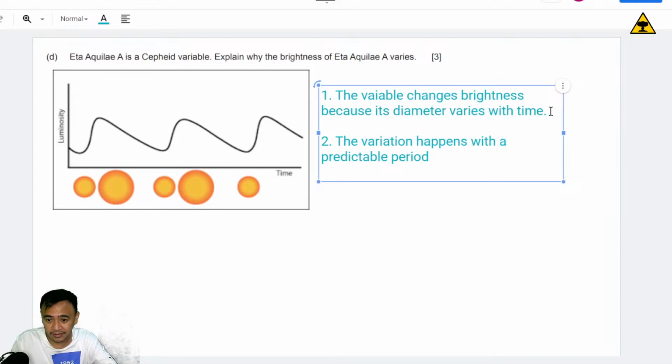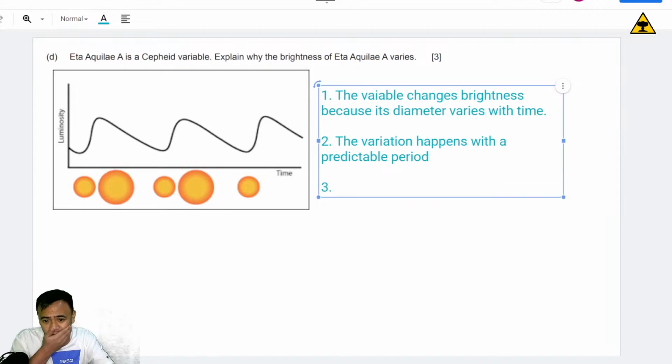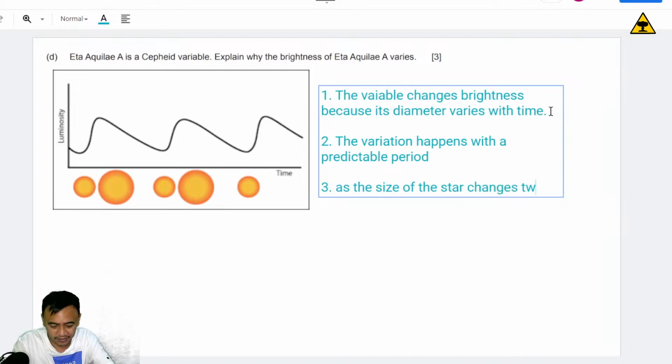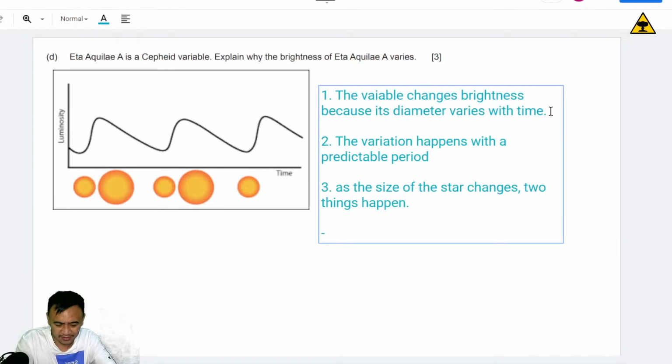And then what's the third mark? I'll say something along the lines of, as the size of the star changes, two things happen. First is its brightness changes.